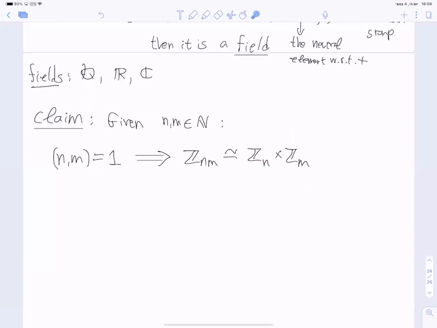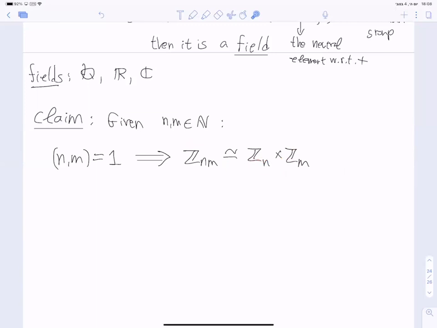In any case, you have nm elements here, because you have nm combinations of (a, b). And this is cyclic. So if this is also cyclic, then they are isomorphic.